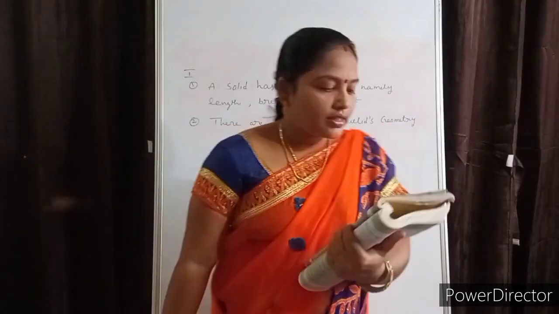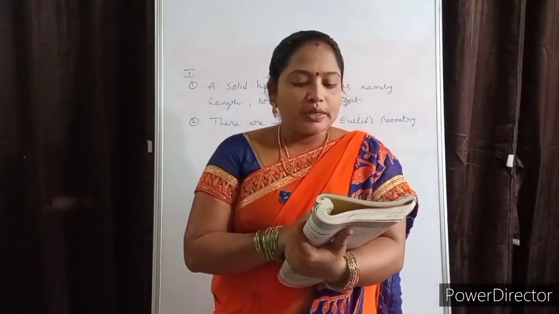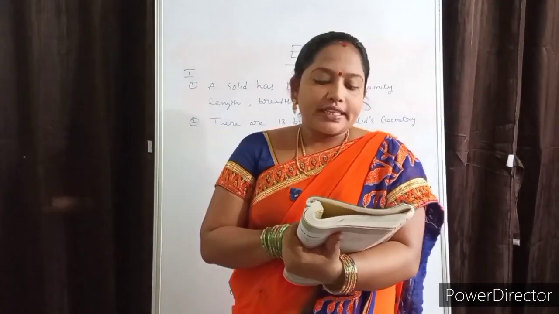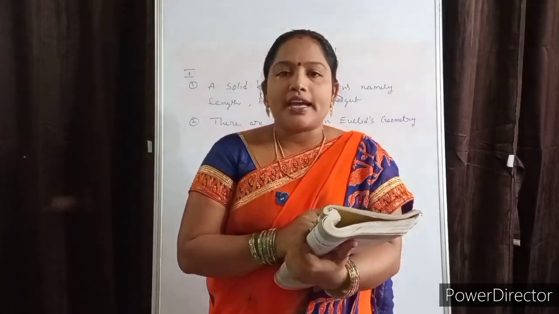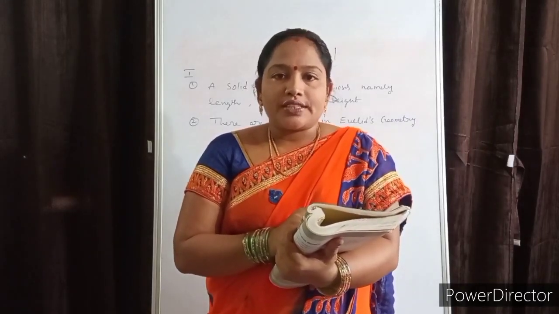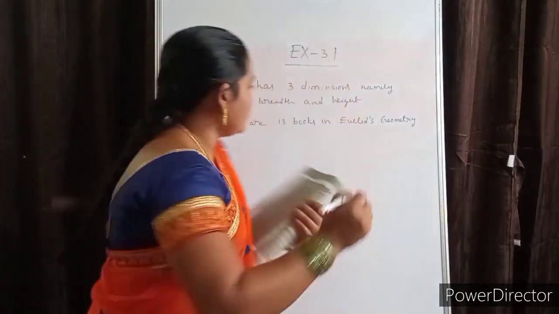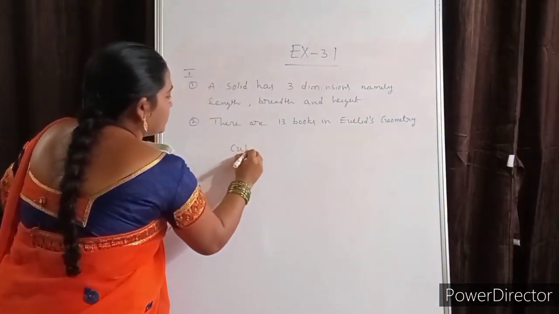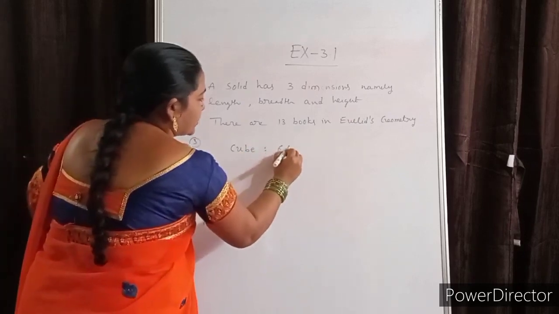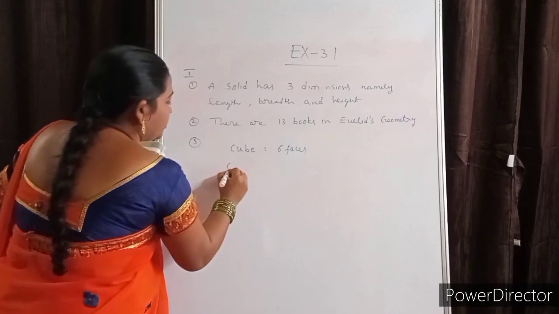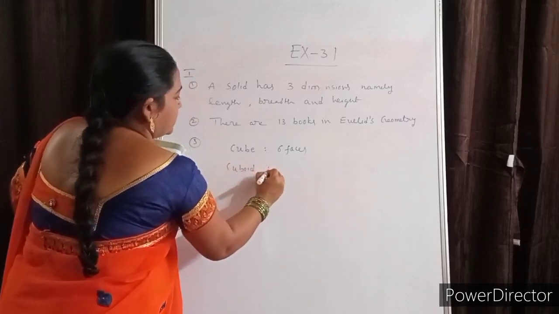Third question. Write the number of faces of a cube and cuboid. A cube has 6 faces, and a cuboid also has 6 faces.